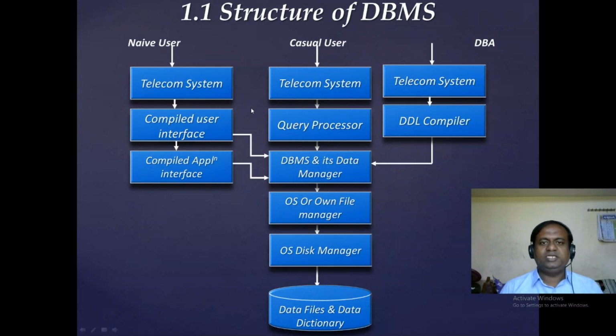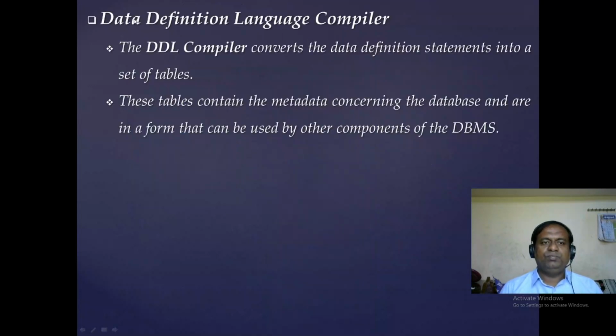Now let's start the discussion with this complete diagram. The very first point is the data definition language compiler, that is the DDL compiler. The DDL compiler converts data definition statements into a set of tables.